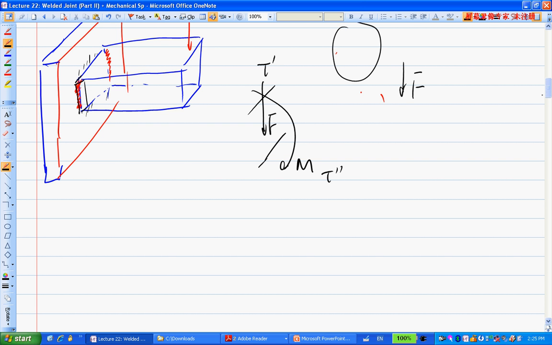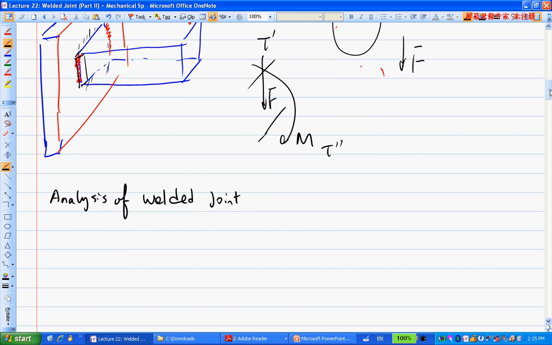Now the next question is, let's analyze the welded joints, and particularly the fillet kind of weld. Now, we actually already calculated the stress. So in order to do the analysis, all we need is basically the strength now, right?